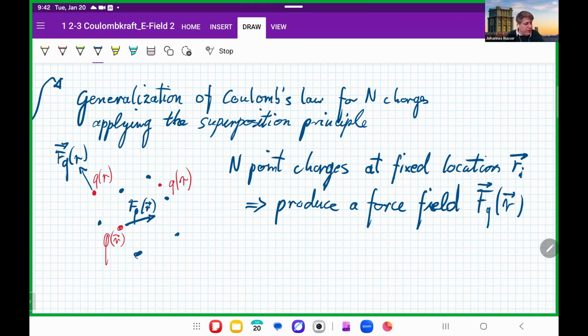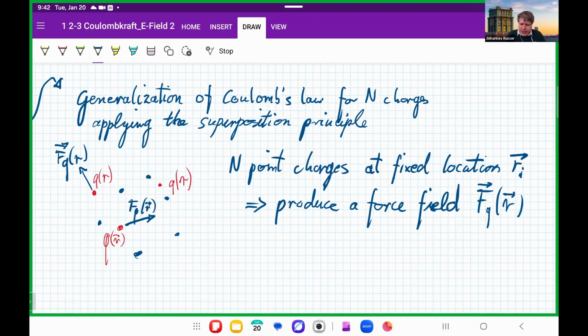Basically, you can compute it with Coulomb's law. The field is generated by these charges, but as you move the test charge around, it will reveal the force at the respective position, and you can compute the total force field that is generated due to this particular charge distribution.